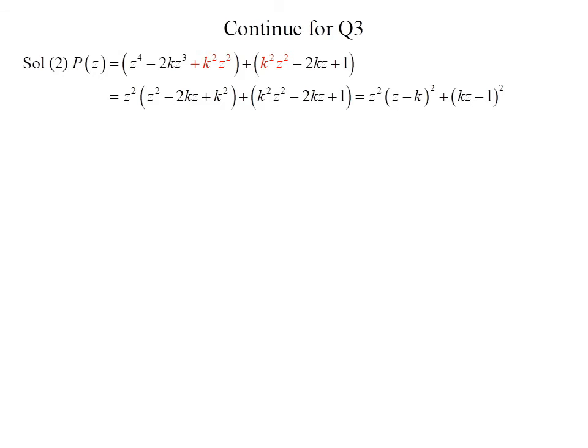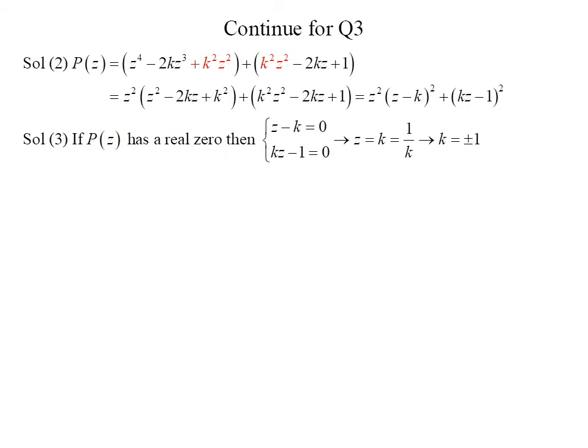Hence, we have shown the required expression of the quadratic polynomial pz, which equals z squared multiplies z minus k, in parentheses squared, plus kz minus 1, in parentheses squared.